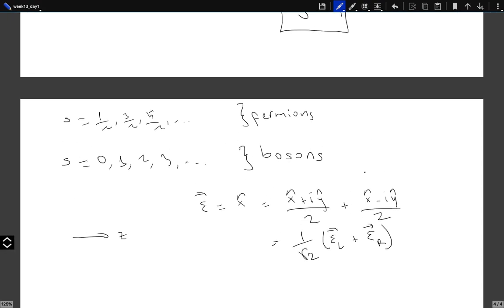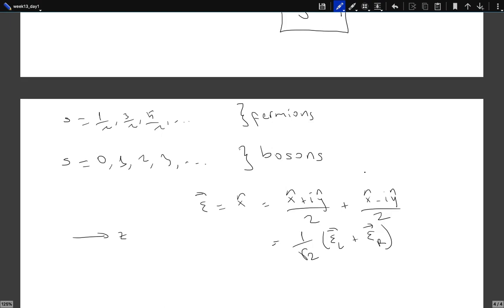So a photon polarized in the x direction doesn't have a definite angular momentum. If you measure it, there is a 50% probability that it will be left-handed, a 50% probability that it will be right-handed. So if you measure the z component of its spin, with 50% probability, you will measure plus h bar. With 50% probability, you will measure minus h bar.